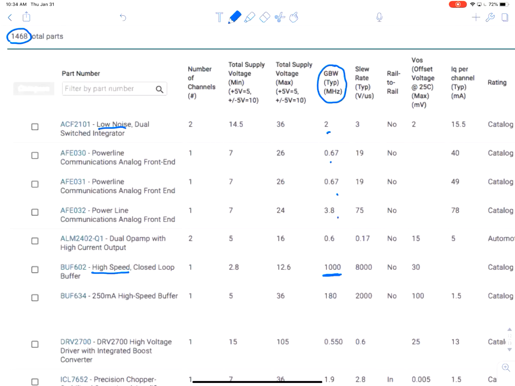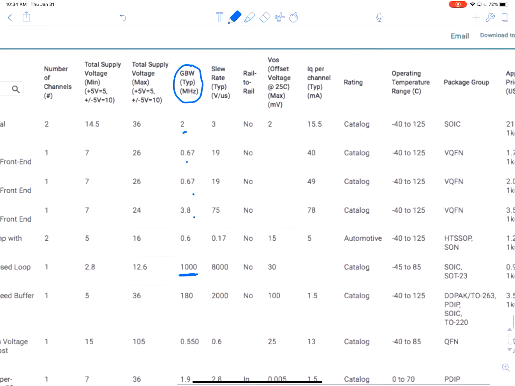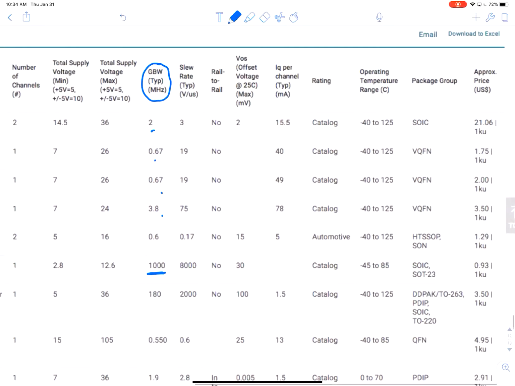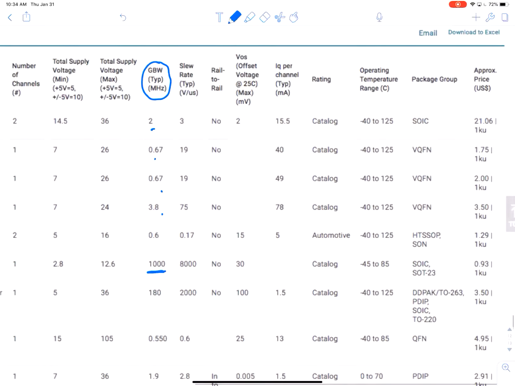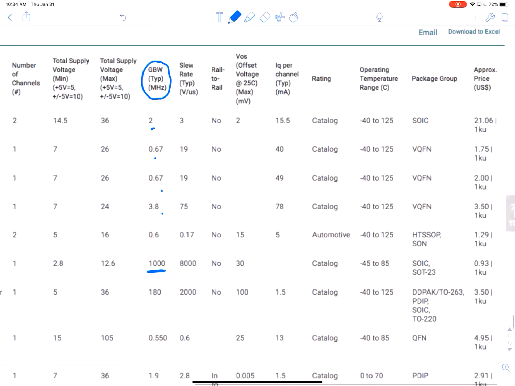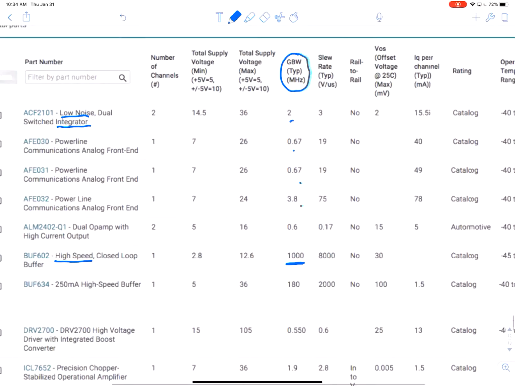And if you're using it as an integrator, which is basically a low-pass filter, you most likely don't need a very high-speed response, and you can have low noise behavior. Noise is not in this spec here, but if you go into the detail, you can see the noise.